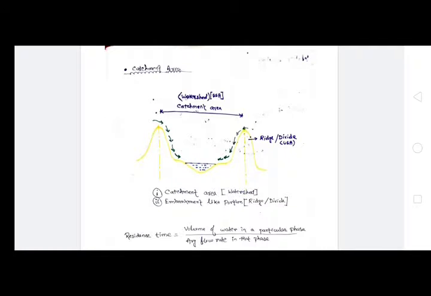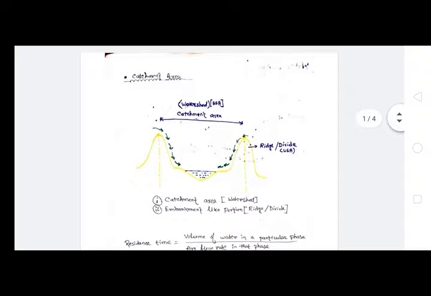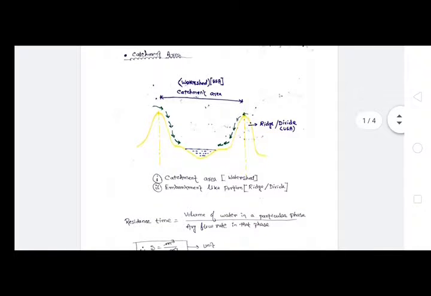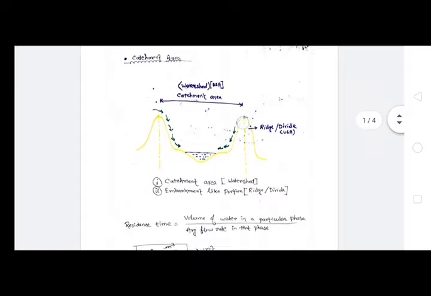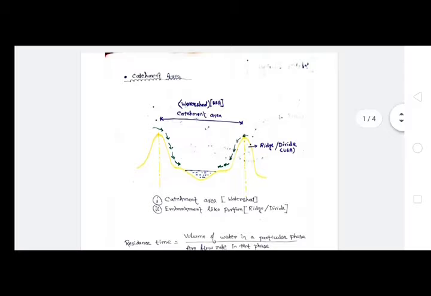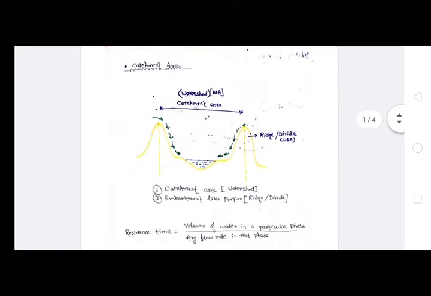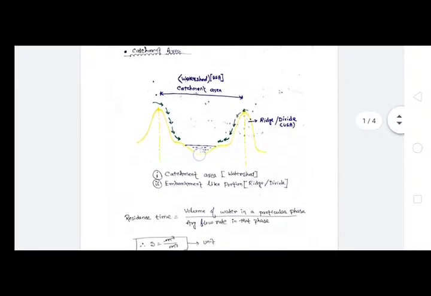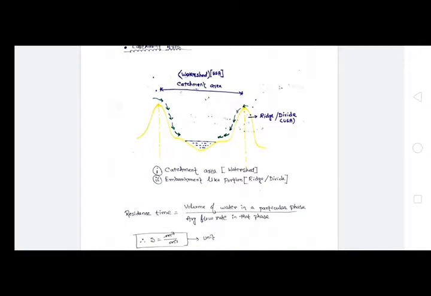Before starting the water budget equation, we have to first understand something about catchment area, what is ridge or watershed, etc. As you can see from this picture, the arrows are coming from a height, and it contributes water to a water body like a river.